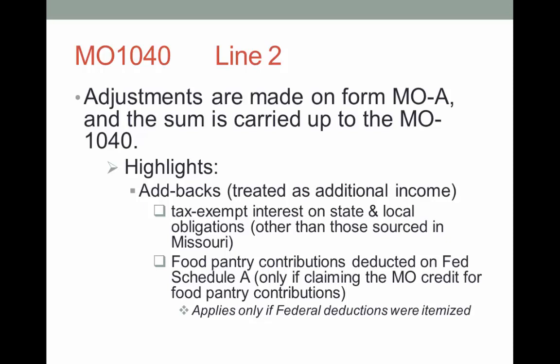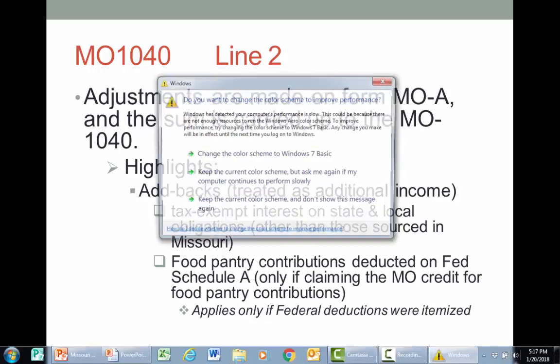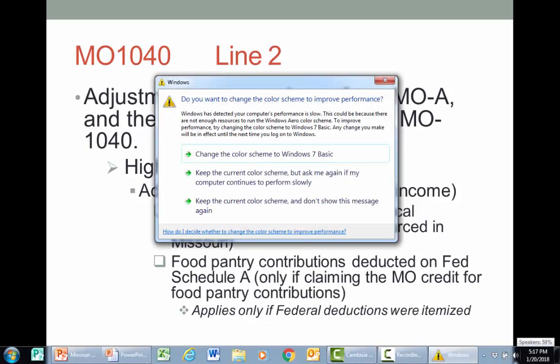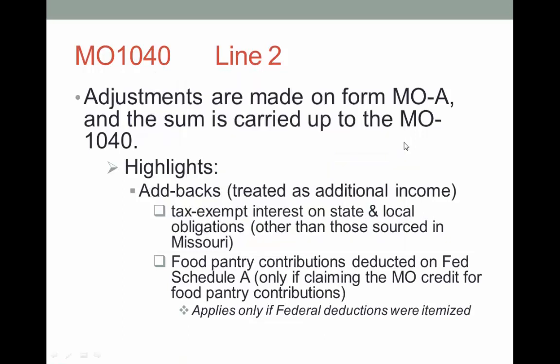It lists itemized deductions and it also lists add-backs, things that add into the taxable income. If you look at the MO-A, you'll be able to see all of the items that would be included. In this video, I only want to talk about those things that you may possibly see at our VITA site.